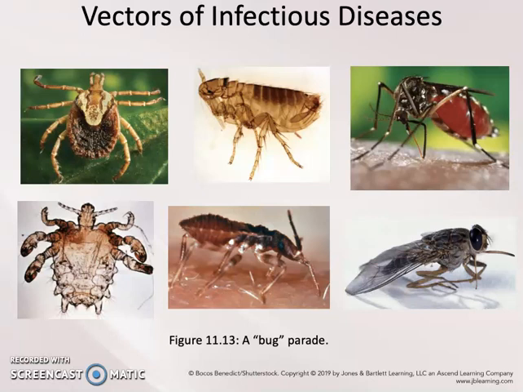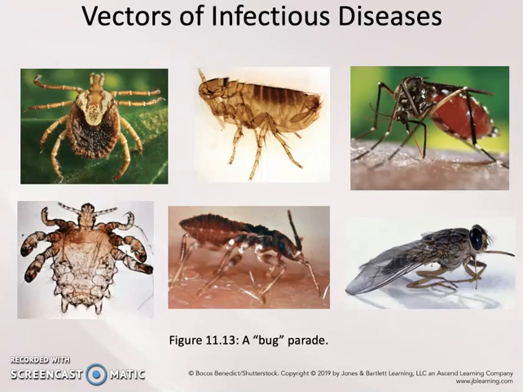In the last section, we were just talking about biological vectors, or insects that play a role in the life cycle of a certain infectious disease. However, there are also mechanical vectors. Mechanical vectors are like passive carriers that just carry the microbe on the surface of the body.